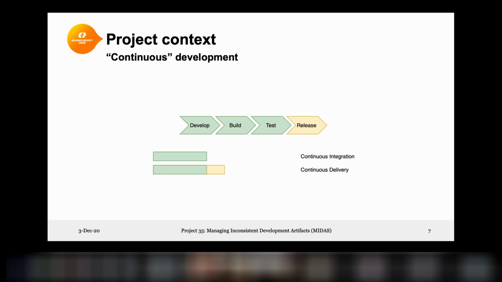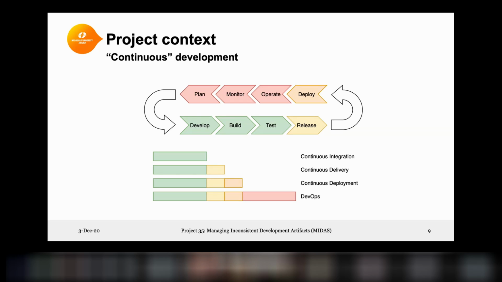The next step is continuous delivery, where we also make a release available. Then there's continuous deployment, where you also deploy this on target devices running the software. And to complete the DevOps cycle, you can also get data from monitoring the devices in operation, and feed that information back into the development.